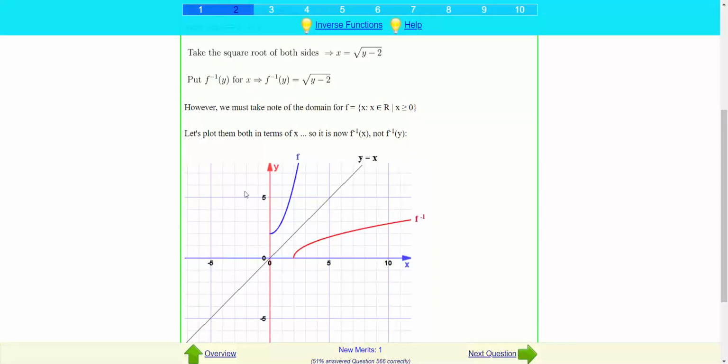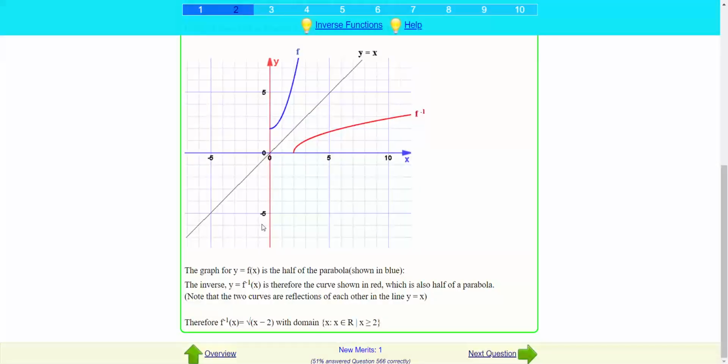F of x and the inverse. The graph for y, or f of x, is half the parabola shown in blue. The inverse is therefore the curve shown below, which is also half the parabola.